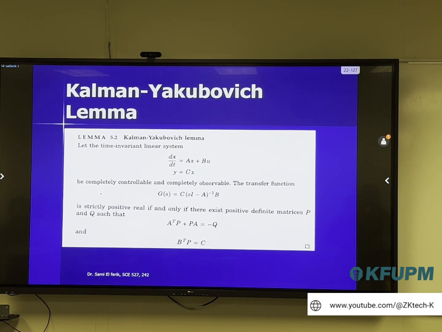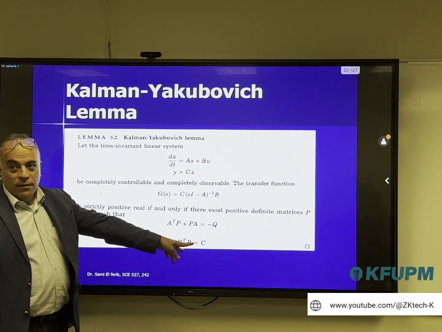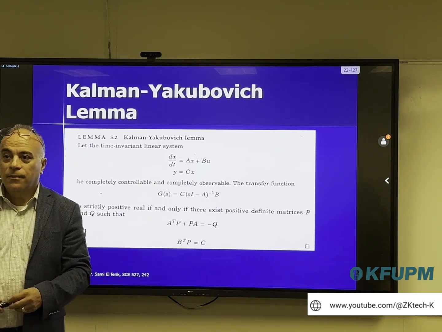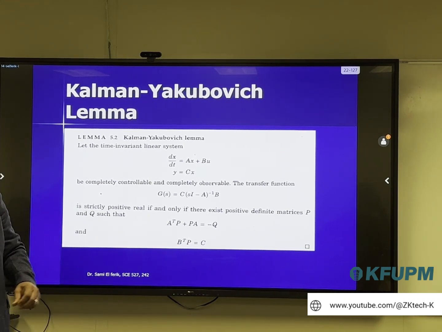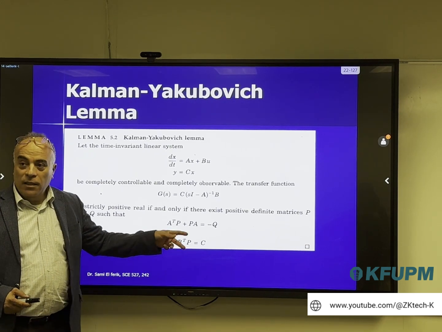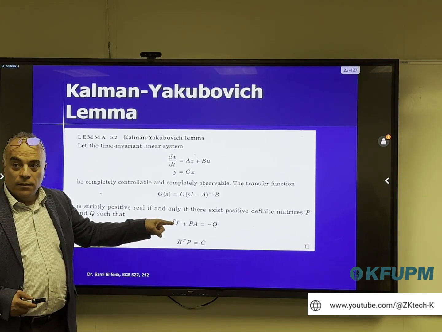For the P, can we find it from the last equation? We have B, we have C. So how can you find it? B transpose P equals C. B is a vector and C is a vector, so we cannot take the inverse. Can we calculate it with MATLAB?